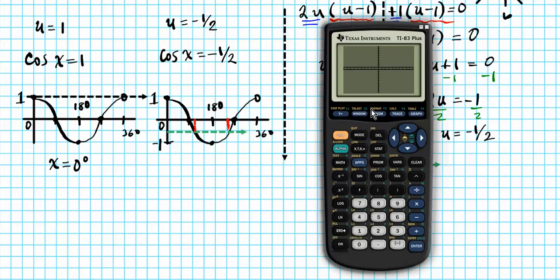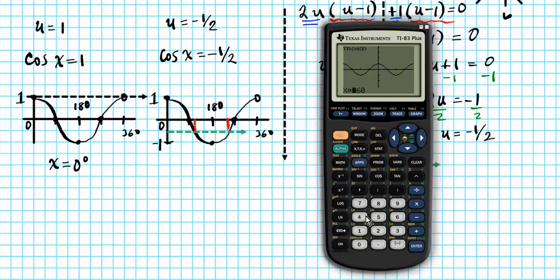Okay, so that doesn't look good. I'm going to zoom trig. So zoom trig, enter. What it does now is it goes from negative 360 all the way to 360. So let me show that to you. Let's trace 0, that's 0, and then when you do 360, it goes too far out of the domain.